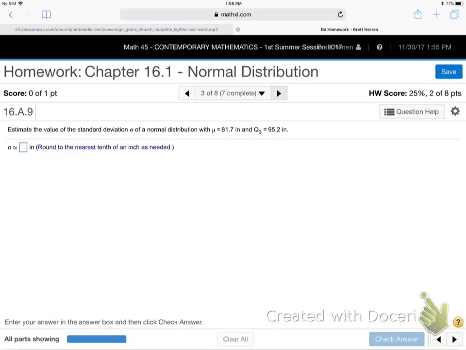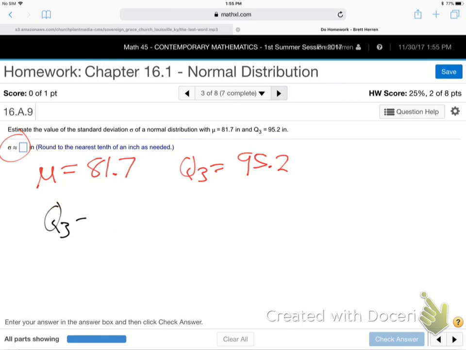Okay, so they're giving me the mu, which is the middle, 81.7. They're telling me Q3, into the third quarter, is 95.2. And they're saying, can you find the sigma? So what I would do is write down the Q3 formula. Use that Q3 formula I just gave you, which you've already got memorized, right? Mu plus 0.675 sigma.